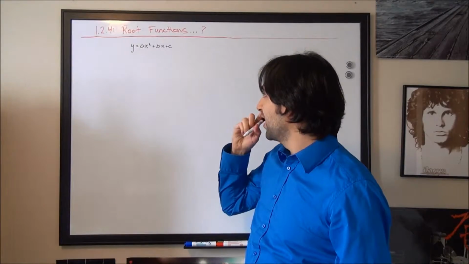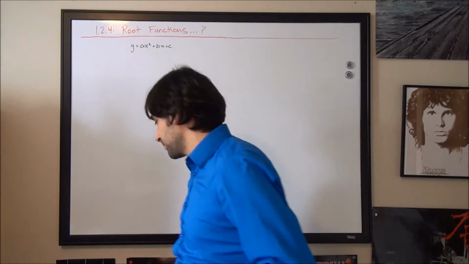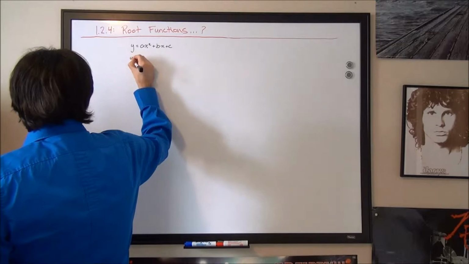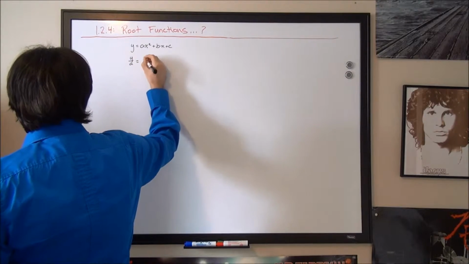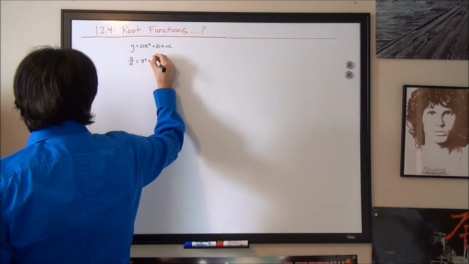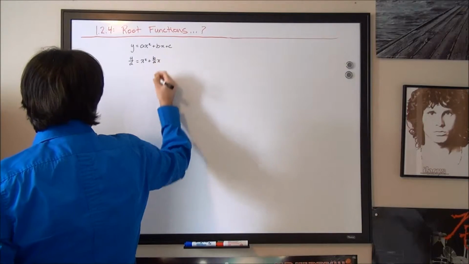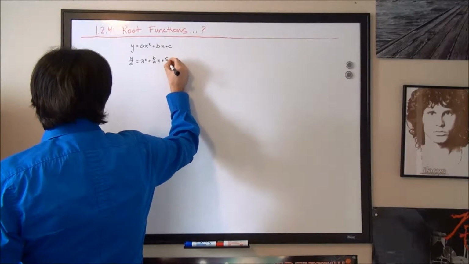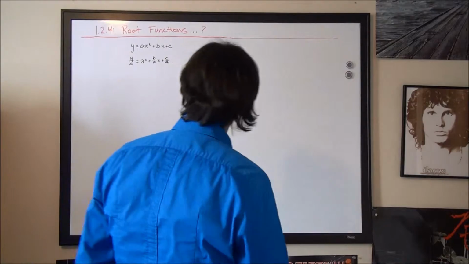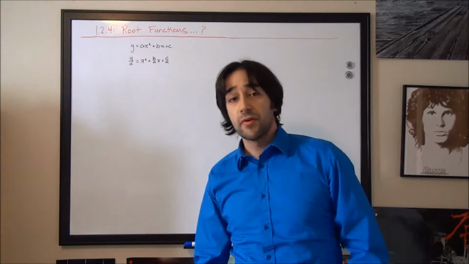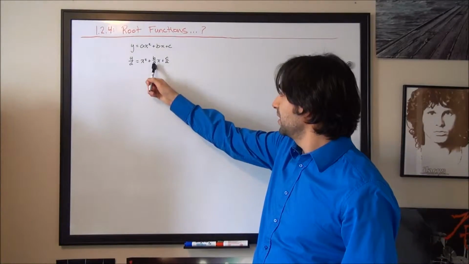And we're going to start by dividing the entire equation by a. So y over a is equal to x squared plus b over a times x plus c over a. The next thing we're going to have to do here is complete the square.